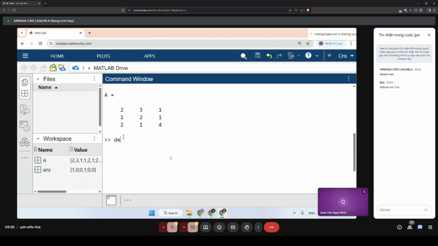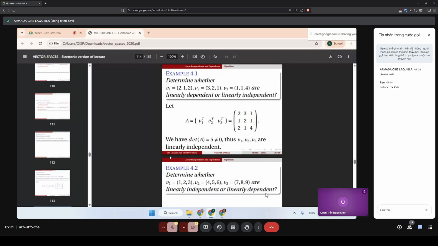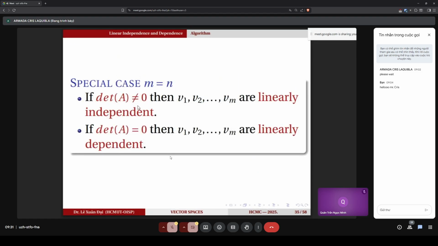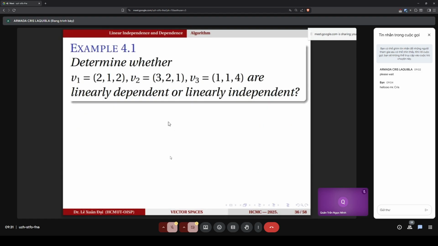Then just type det of A. That's the determinant of A, and you get 5. So it's easier for you to verify if the answers are correct. The determinant of A is equal to 5. It's not 0, so it's linearly independent. If not 0, linearly independent.